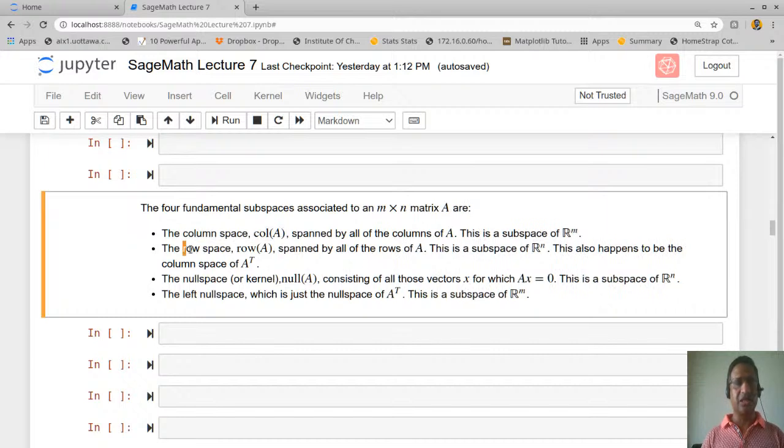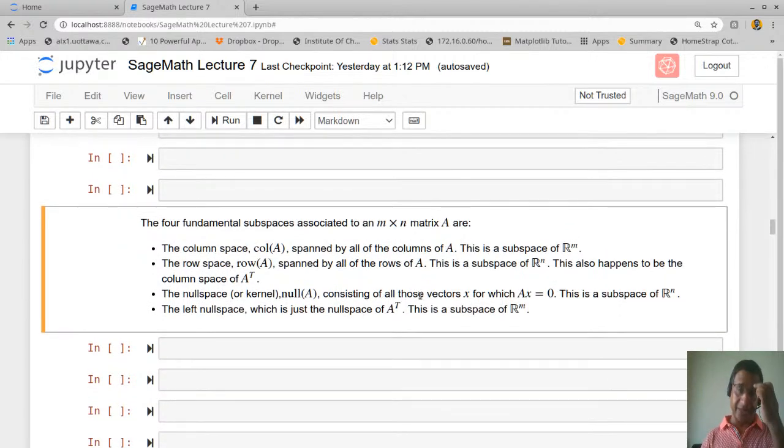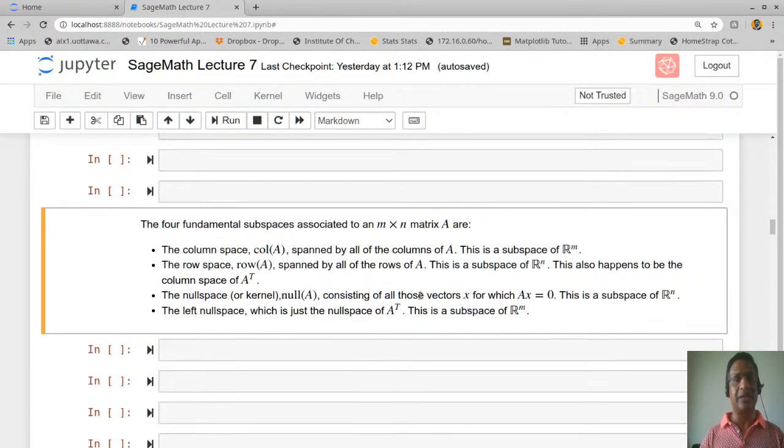Row space, that is the subspace spanned by the rows. Then null space, that is kernel space. And then there is another one called left null space, which is just the null space of A transpose. If A is a linear transformation from Rm to Rn, then A transpose will be a linear transformation from Rn to Rm. So these are called the 4 fundamental subspaces associated to a given matrix.